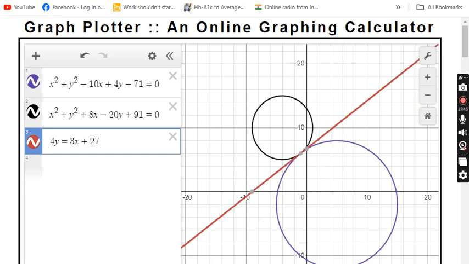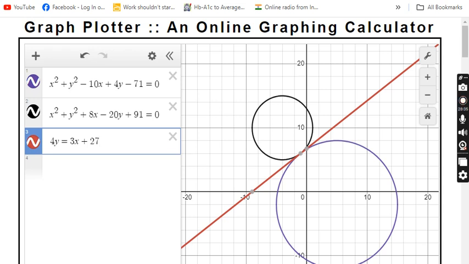So you can see the blue one is circle C1, the black one circle C2, and the tangent L. I hope after seeing this diagram carefully you can easily understand what is the mechanism, or I may say what's going on graphically. So both the circles touch at only one point, that is 6 comma minus 1, and minus 1 comma 6, and the line L is a tangent of both the circles. So only one common point.